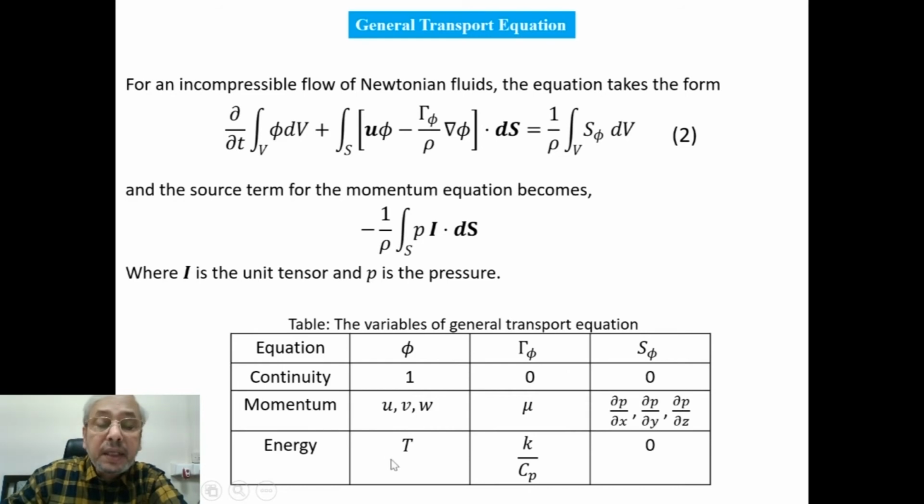And for the energy equation, phi will be T, and gamma phi will be K by rho Cp. K by Cp, because rho is already there. This term has to be K by rho Cp, so since rho is already there, gamma phi has to be K by Cp.